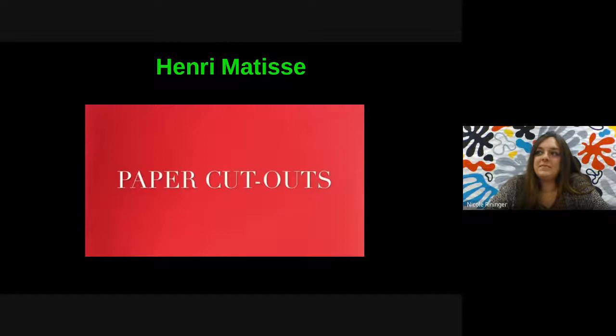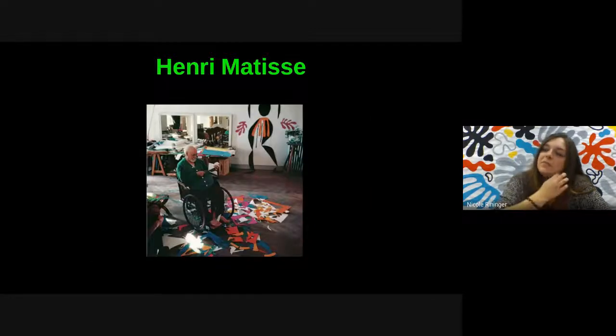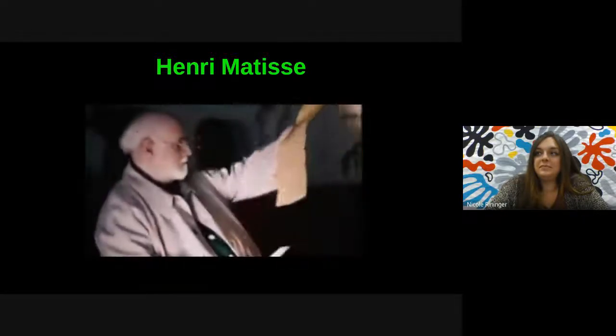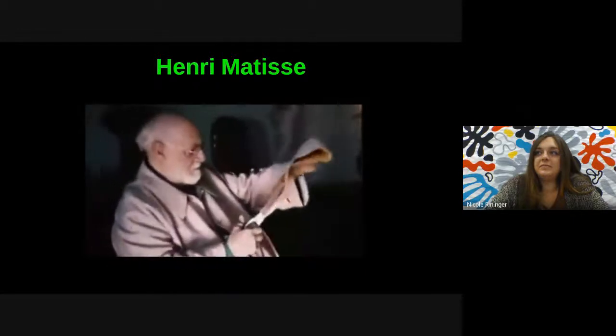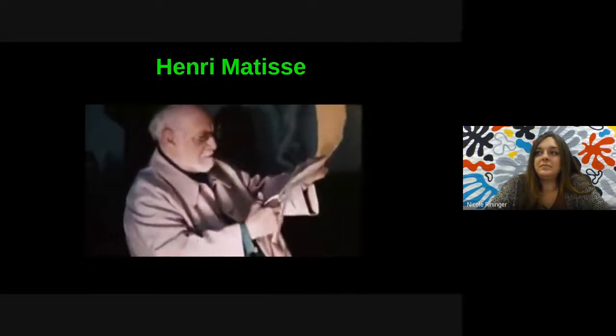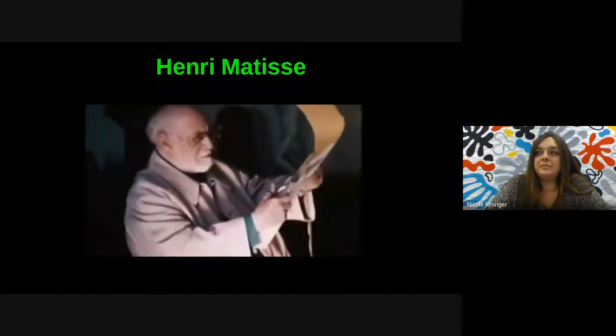Paper cutout! After battling stomach cancer at the age of 72, Matisse was confined to a wheelchair. This made it difficult to paint and create sculptures, but Matisse was not ready to give up the work that he loved. So he created a new form of art, paper cutouts. He turned scissors into an artistic tool.